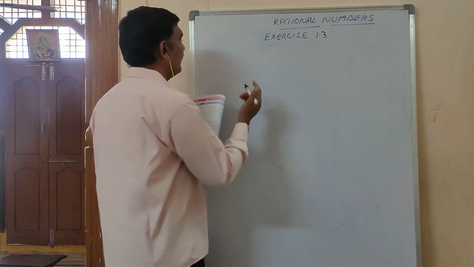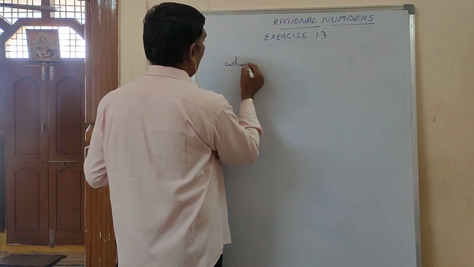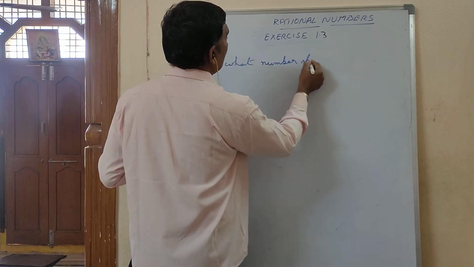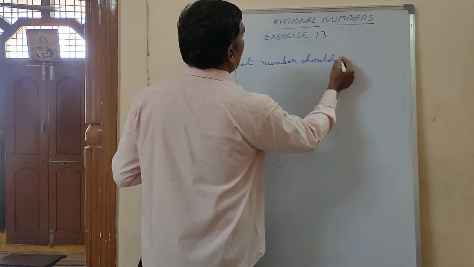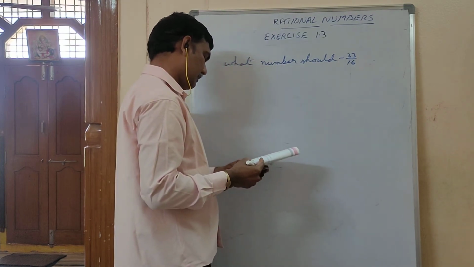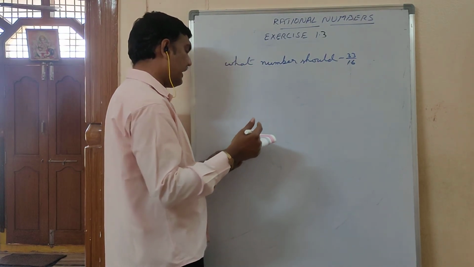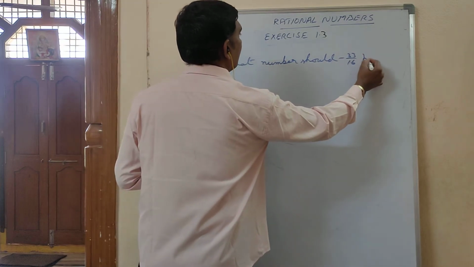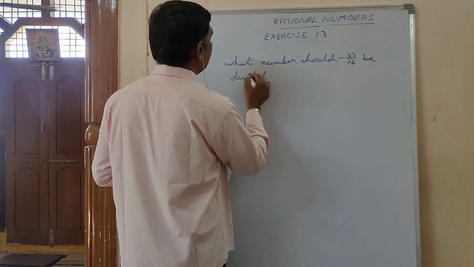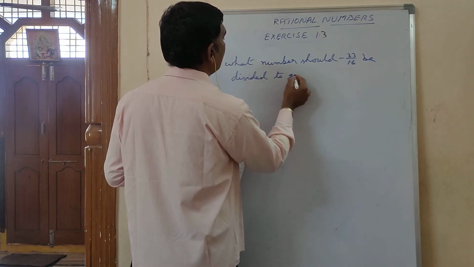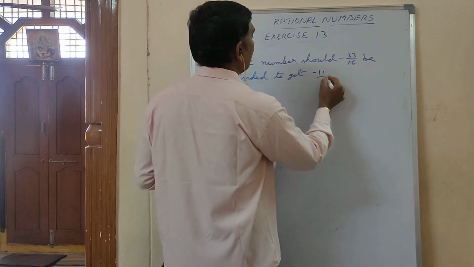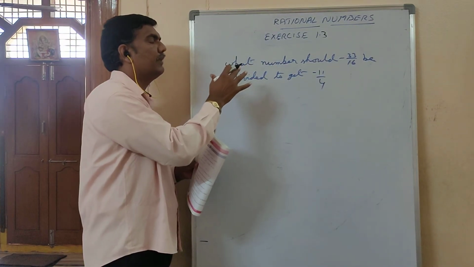I'll write here: what number should minus 33 by 16 be divided by to get minus 11 by 4? It is very simple.